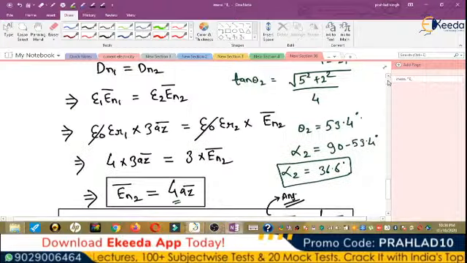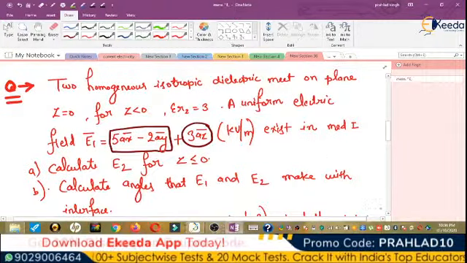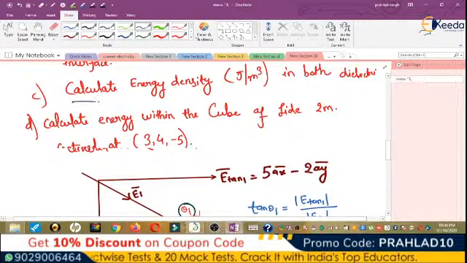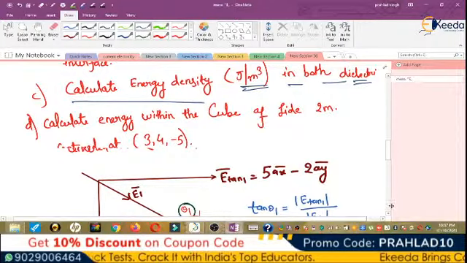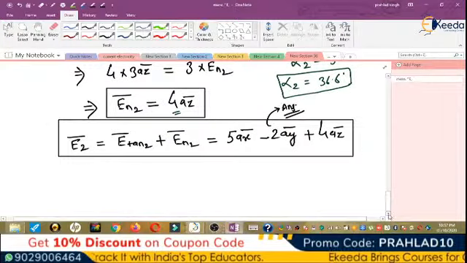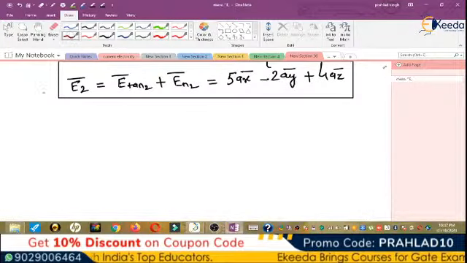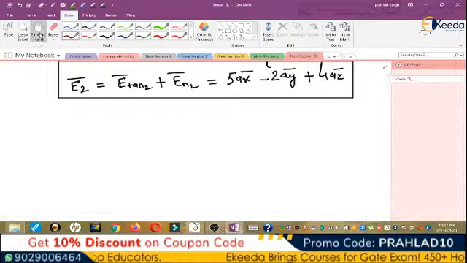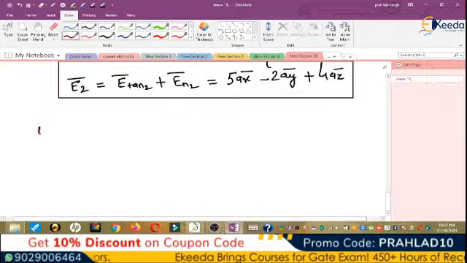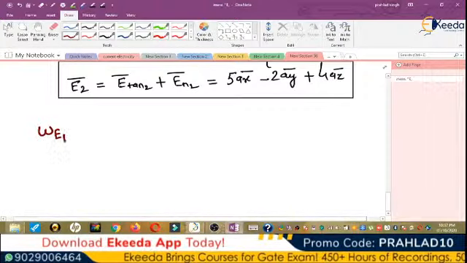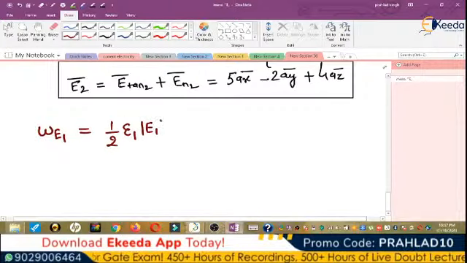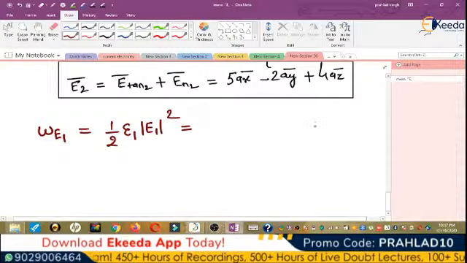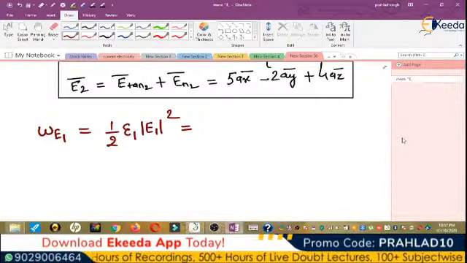Now in the third part, what we have to calculate? Calculate energy density in joule per meter cube in both the dielectrics. So we want to calculate energy densities. The formula of energy density is 1/2 epsilon mod E square. Okay, that we discussed, right?